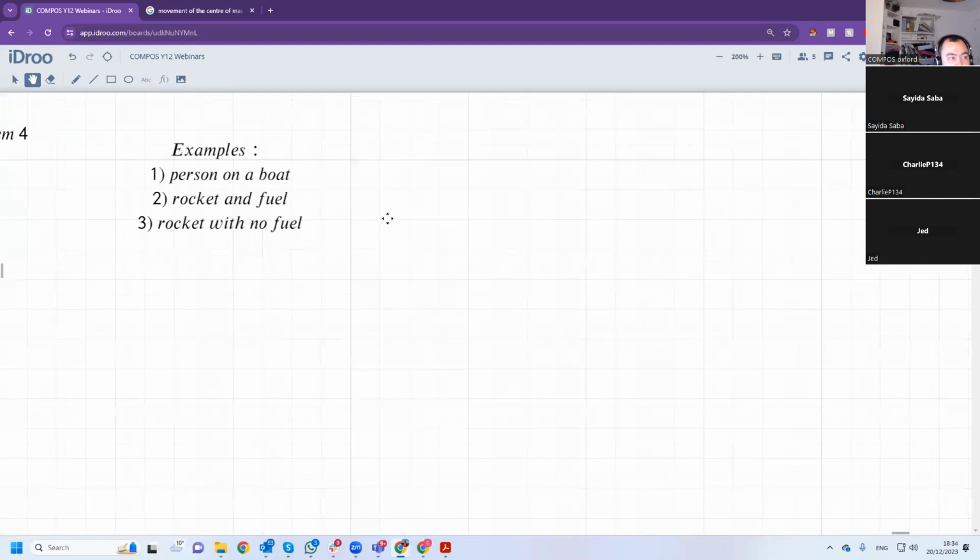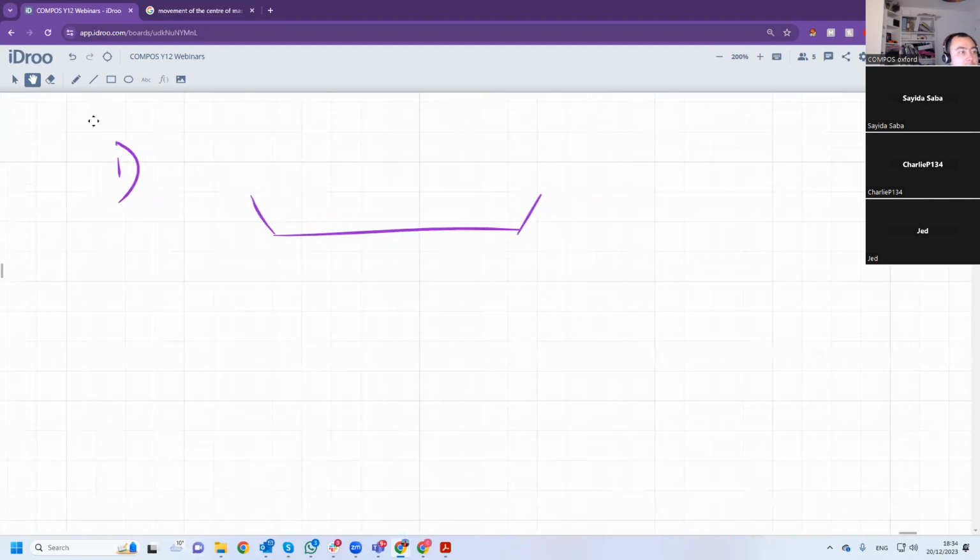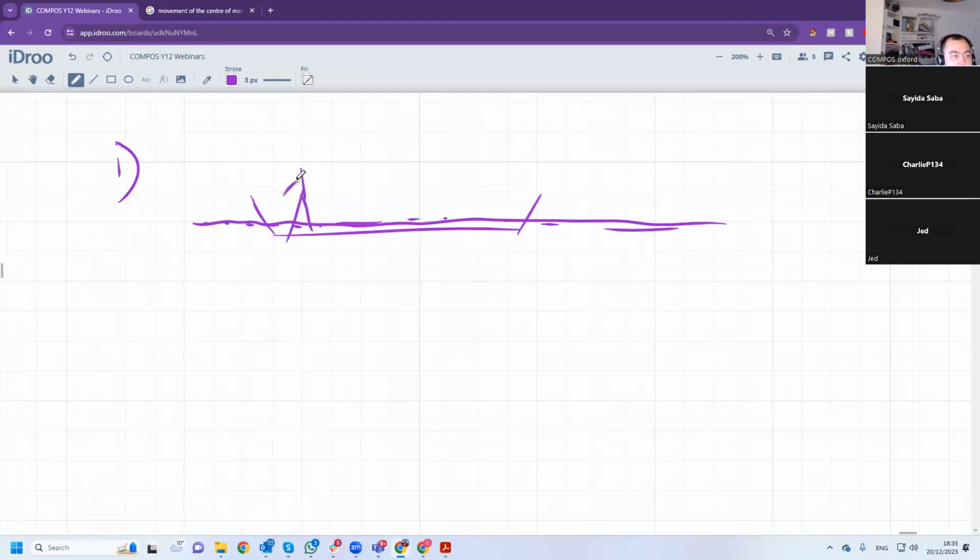And let's look at an example: a person on a boat. So let's say you have a boat in the water and you are standing here.